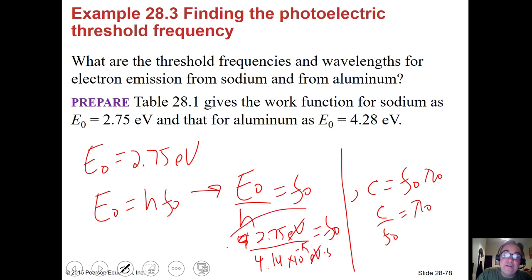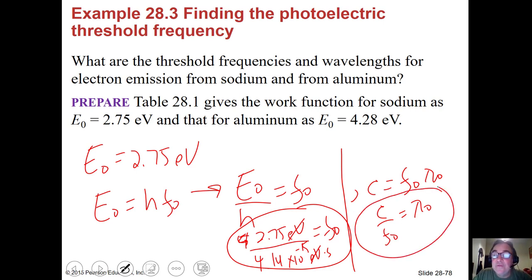Okay, so actually put the number in your calculator and see what you get, but you'll get something really big. And then once you have that frequency, you can get the wavelength from this relationship. Speed of light, don't forget what that is, 3 times 10 to the 8th meters per second, divided by the frequency that you get. That will give you the wavelength that's associated with the cutoff frequency.